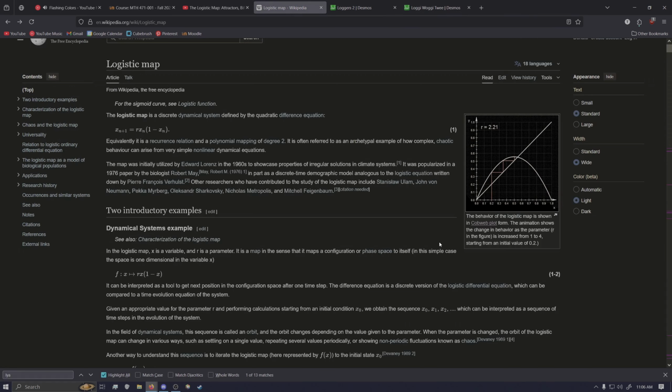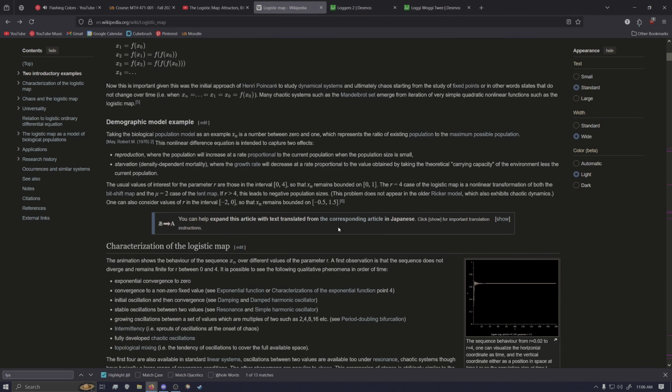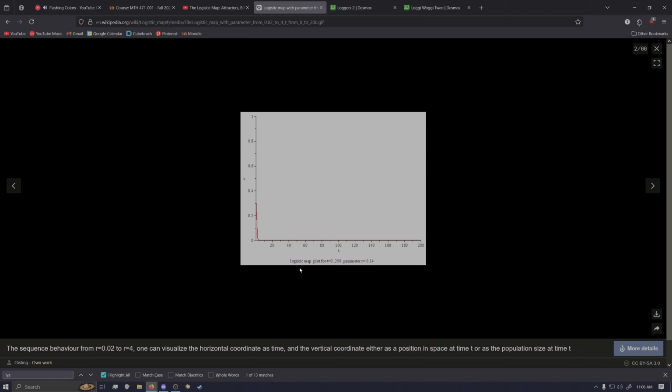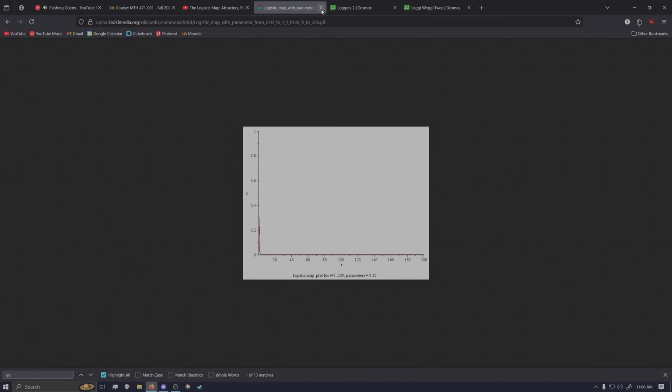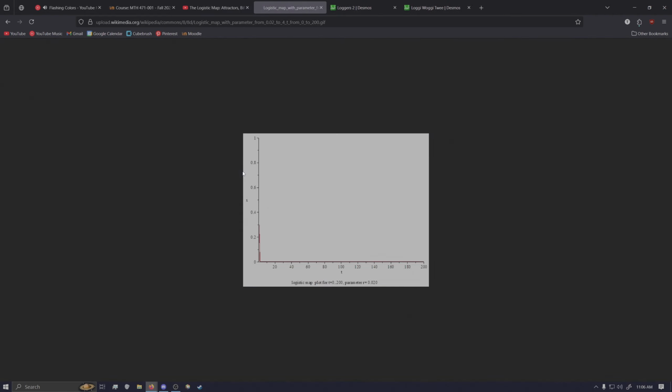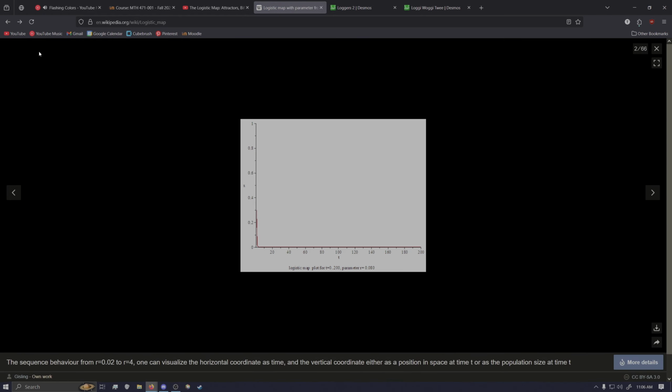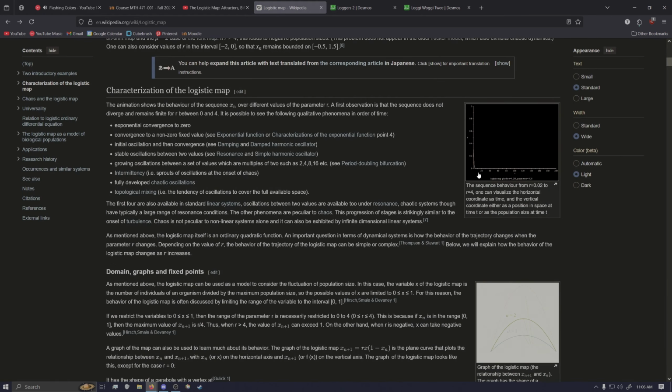Of course, the logistic map Wikipedia page talks about this much better. This is showing exactly what the logistic map looks like in terms of the period cycles. So the 20th generation, the 80th generation, the 100th generation, after a certain point in time.